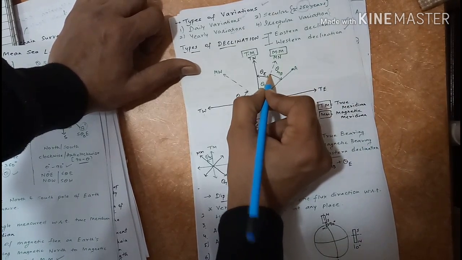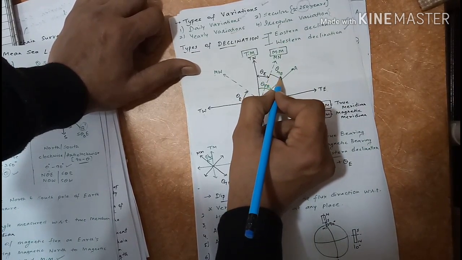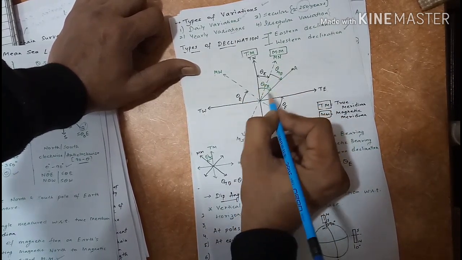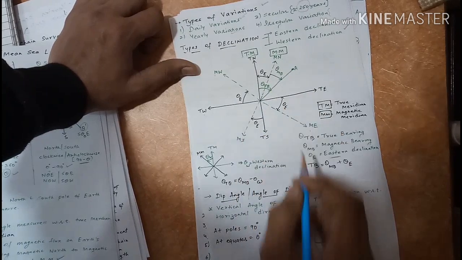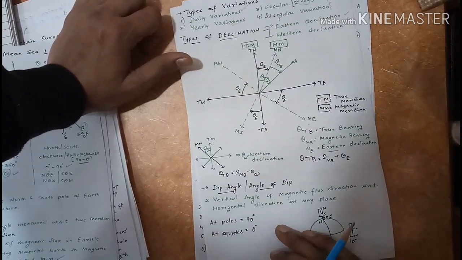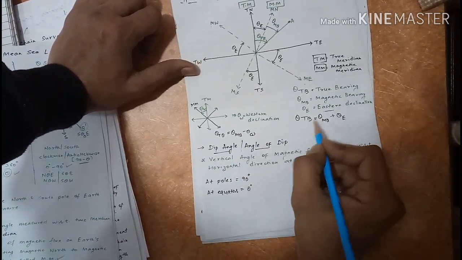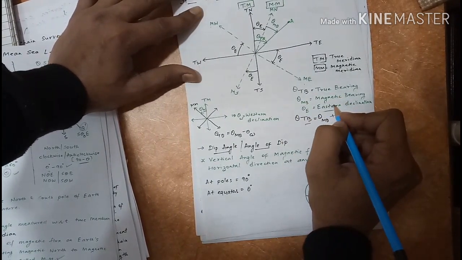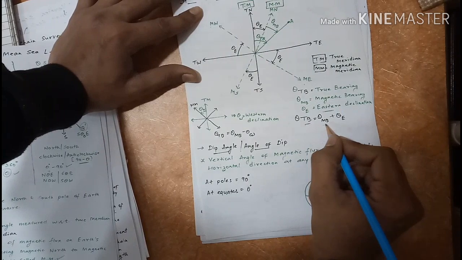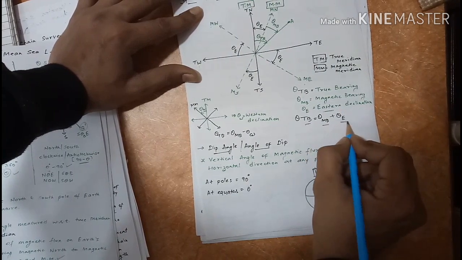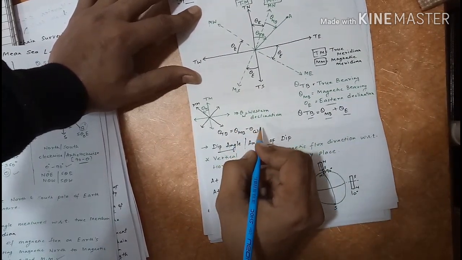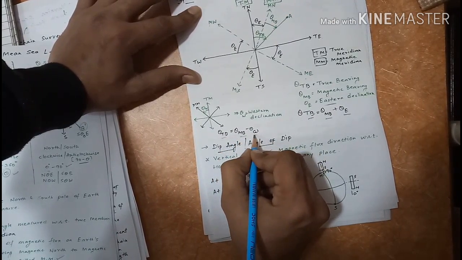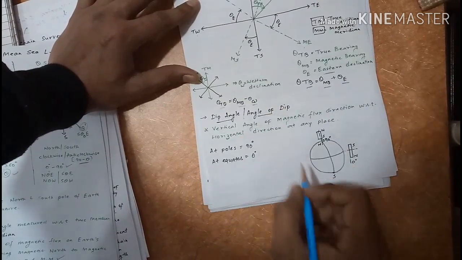From the magnetic meridian, this bearing is called magnetic bearing, and from the true meridian, the bearing of this line A is called true bearing. In the case of eastern declination, true bearing will be magnetic bearing plus eastern declination theta E. For western declination, true bearing equals magnetic bearing minus theta W, the western declination.